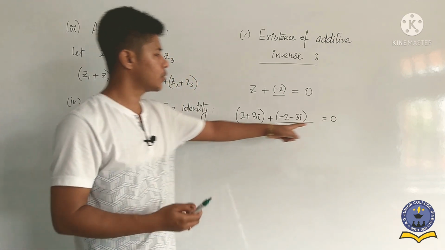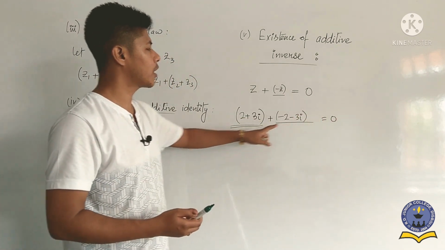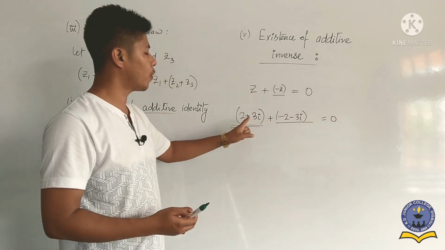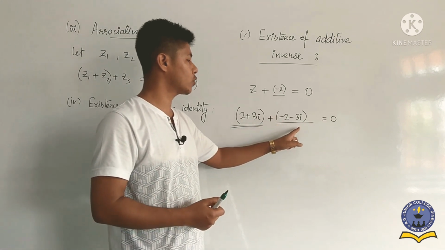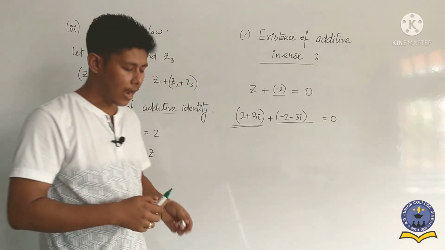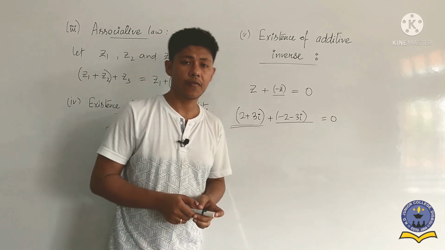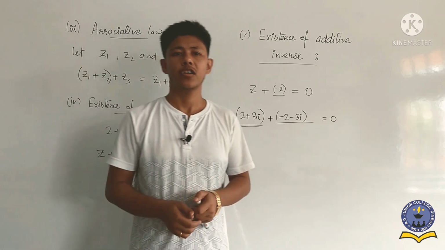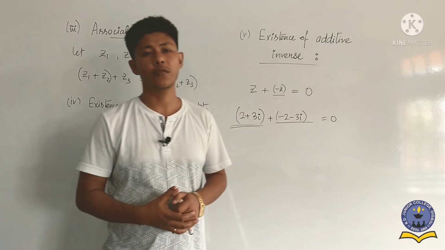So minus 2 minus 3i is known as additive inverse. I hope all of you understood these 5 properties, especially the addition of 2 complex numbers.